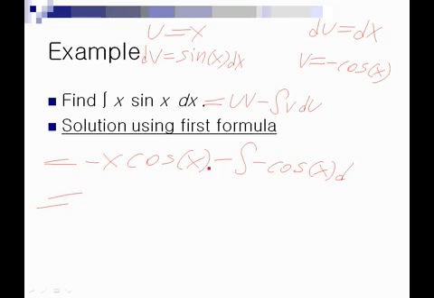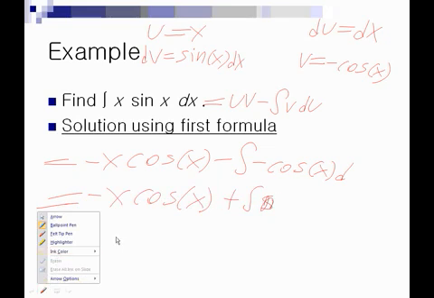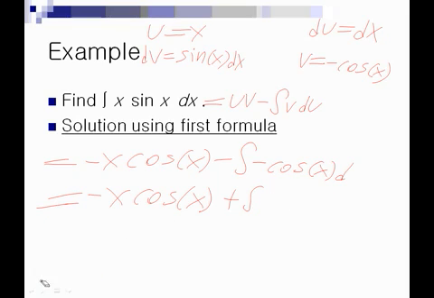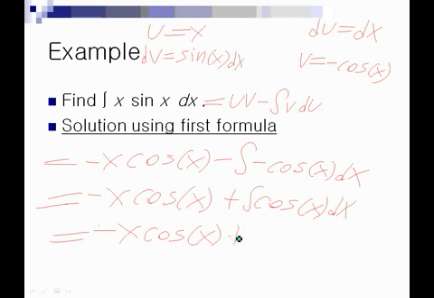Of course, negative and negative is positive, so we get negative x cosine of x plus the integral of the cosine of x. And the integral of cosine of x is none other than sine, so you get negative x cosine of x plus sine of x, and then we should add in an arbitrary constant. No problem, right?